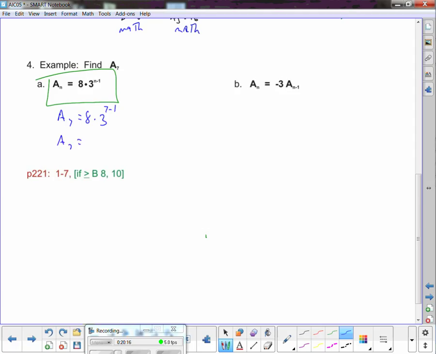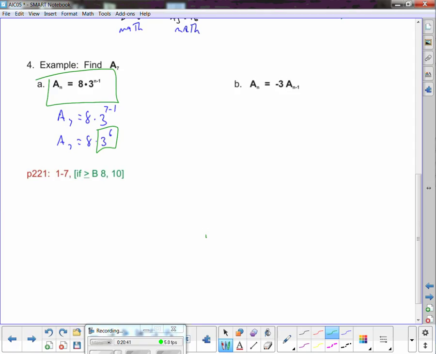So the 7th term is 8 times 3 to the 6th, correct? All right, stay with me. Don't go ahead because I've got to make sure you're hitting the right button. Your calculator is going to have a couple different ways to do an exponent. You agree, order of operations, we've got to do this part next, right? Yep.